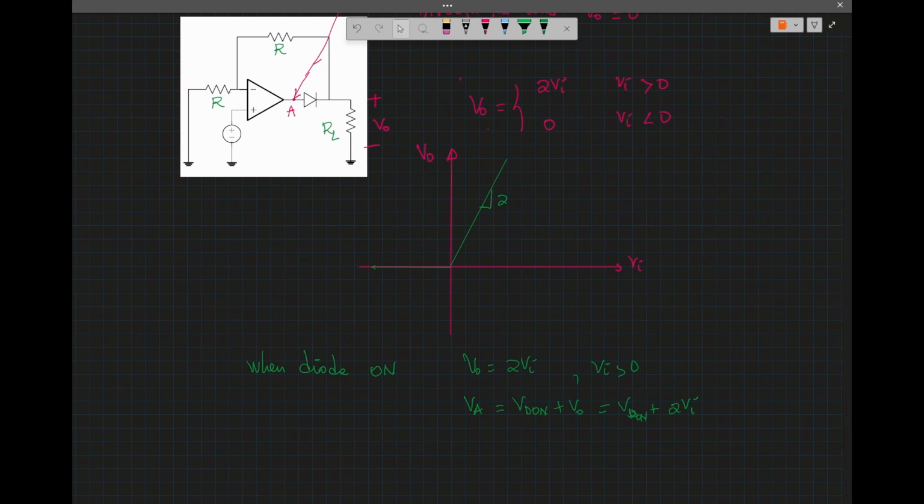Now when the diode is off, so when Vi is less than 0, the diode is off, and V0 equal to 0.